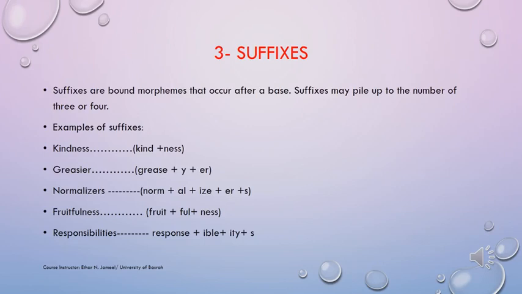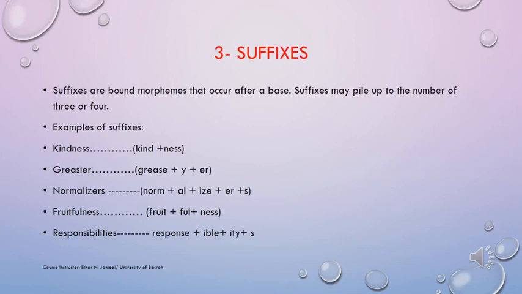Y and er are bound morphemes. Grease is the base. It has the principal meaning of the word and it is a free base. Y and er are affixes, and the kind of affixes they belong to is suffixes because they come after the base.